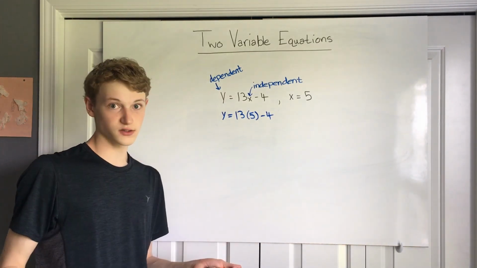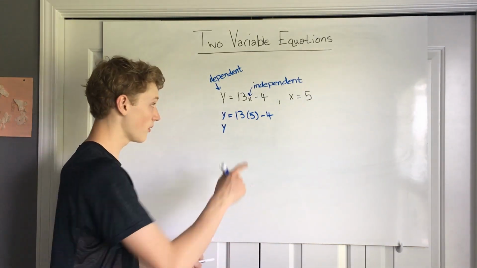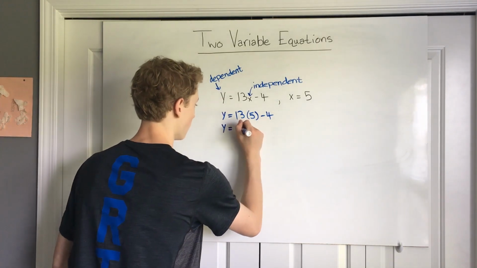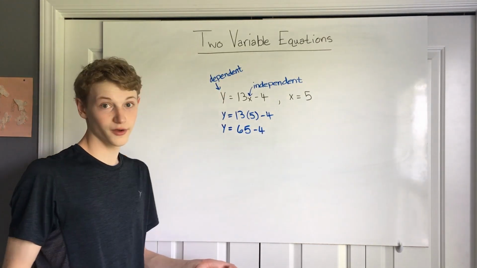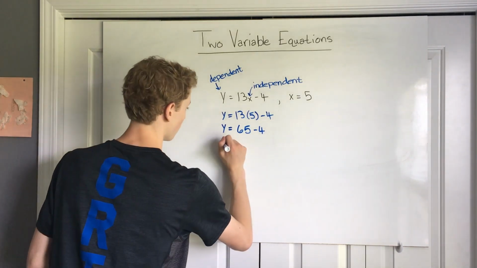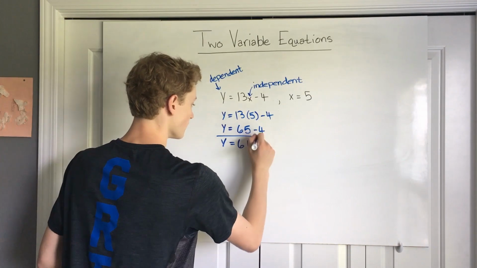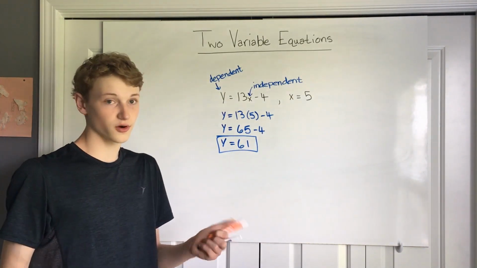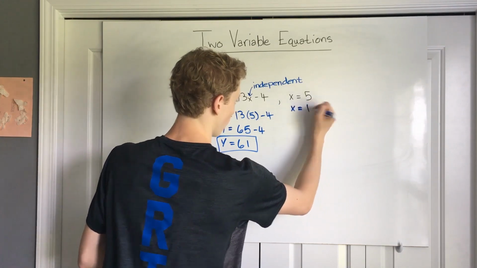So, as you can see, we're trying to solve for y. Let's continue by simplifying by multiplying 13 by 5. So now all we have to do is subtract. This is our answer. We can pick a different number for x, so say we choose x to equal 1.